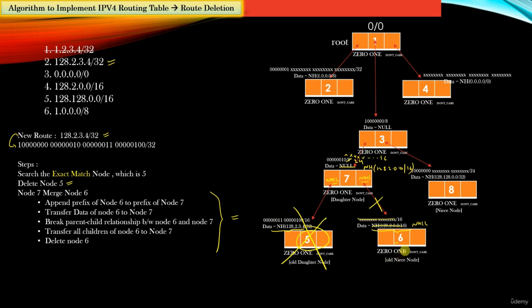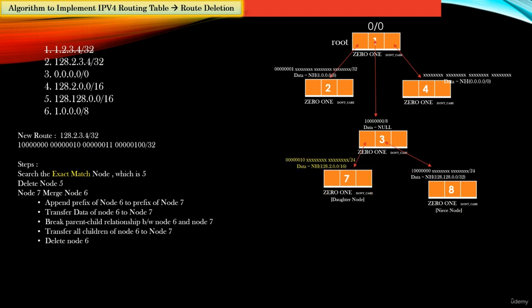In this case again, node 6 is a leaf node, therefore there is no need to transfer any children of node 6 to node 7, and finally delete node 6. So the final M-trie data structure would be this one. Node number 5 and node number 6 have completely disappeared from this M-trie data structure.